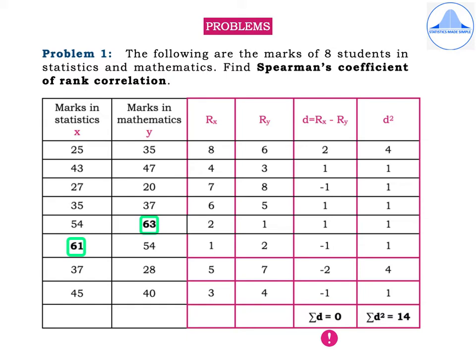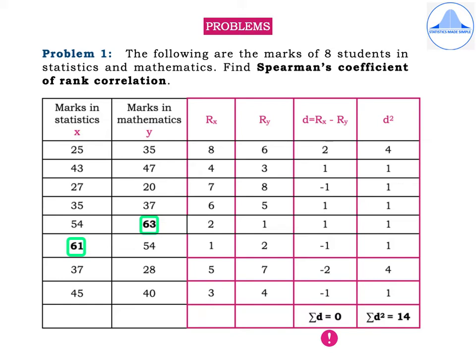The first step is to mark marks in statistics as X and marks in mathematics as Y. Now observe the values in both the columns X and Y. You see that none of the values are repeated, so it is a case of without ties.